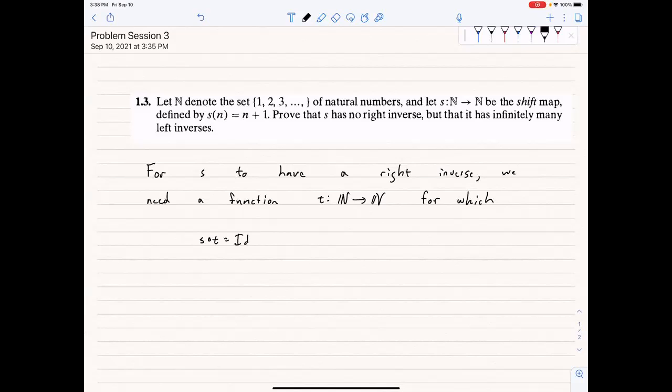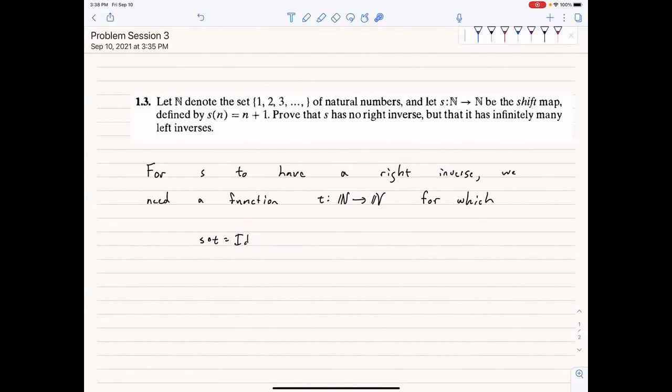So now functions have these things like ranges. You learn about the range of a function, right? The range is the set of all the things that your function is going to. What you can see here is the identity is going to have the range which is the entire set, right? Because everything gets sent to itself.